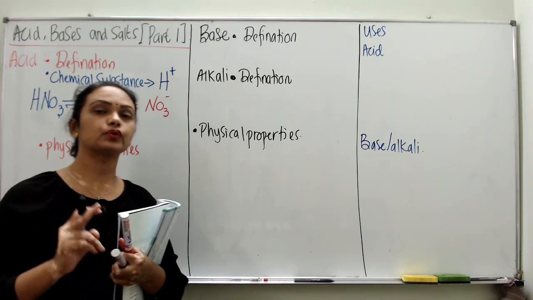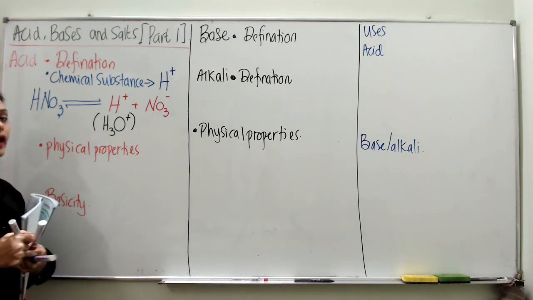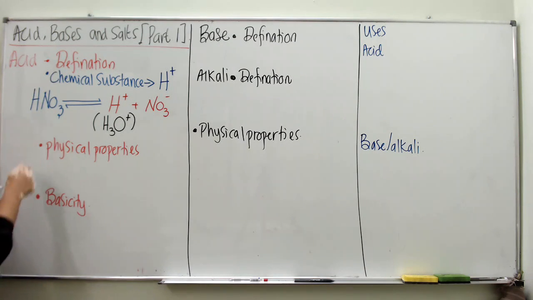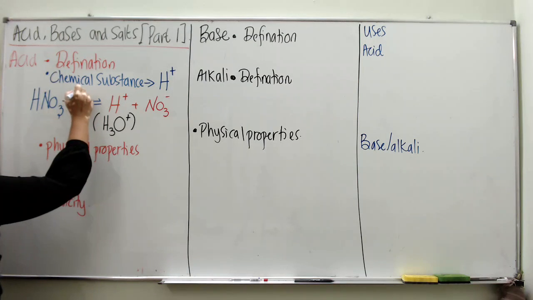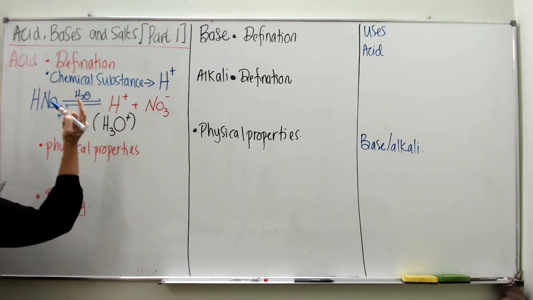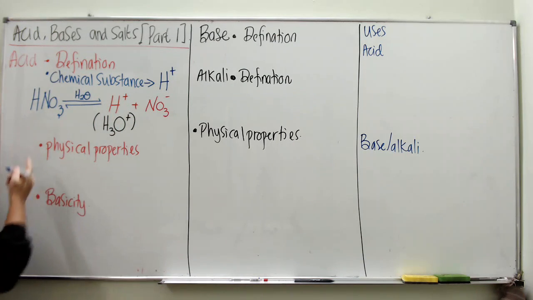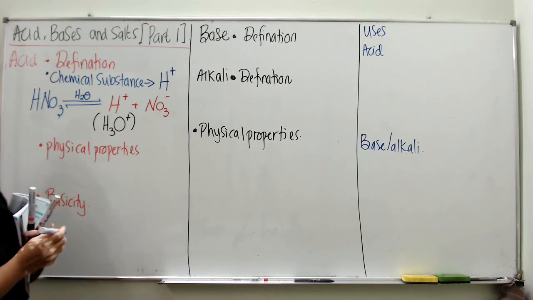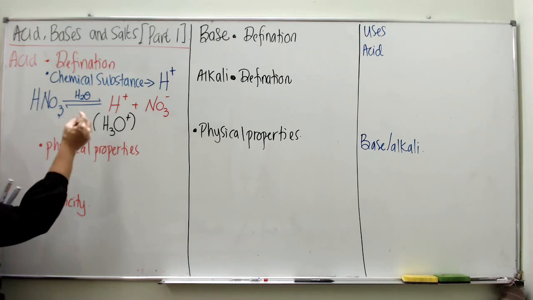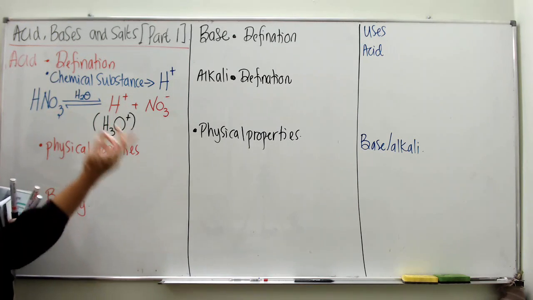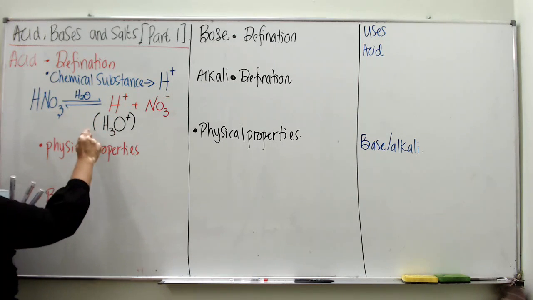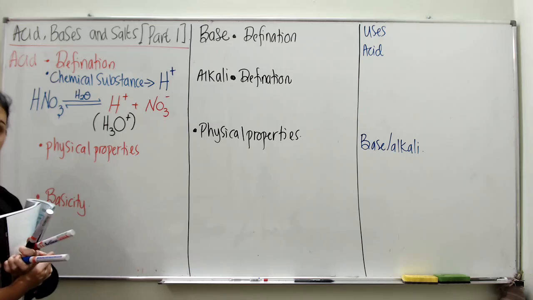When you dissolve nitric acid in water, the hydrogen ion actually combines with water to produce hydroxonium ion. But since we are used to writing hydrogen as it is, we write hydrogen, but actually it is hydroxonium ion.